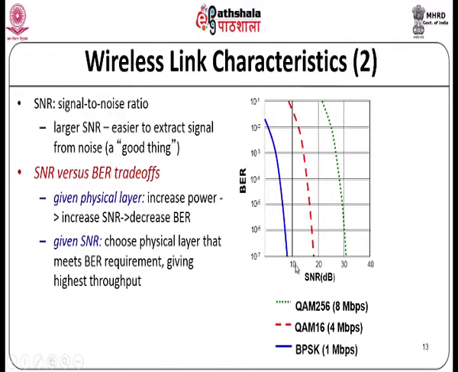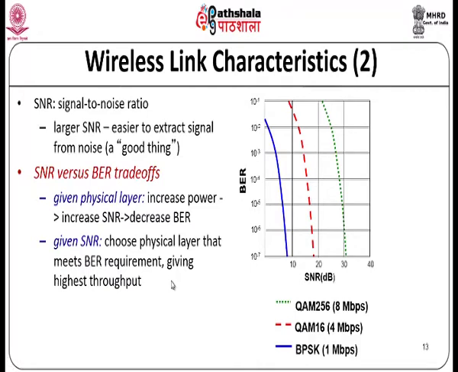If I have a particular SNR that I am allowed to use, I can choose the appropriate physical layer technology. I can use QAM256, QAM16 or BPSK, depending on what SNR is available, in order to meet a particular bit error rate requirement. In some cases, you may be able to work with higher bit error rates; in other cases, you need a lower bit error rate.